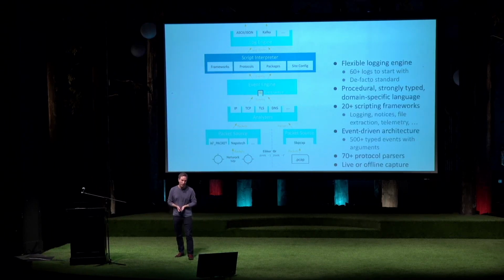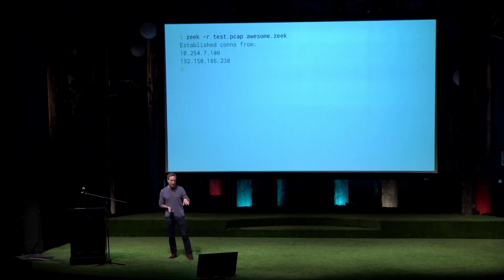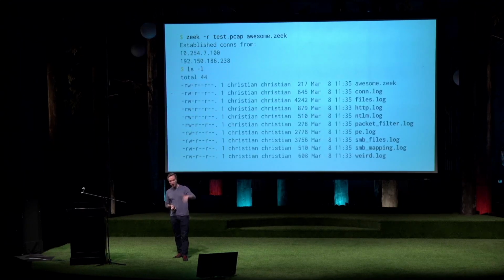So it's incredibly powerful. An aspect I wanted to flag is that I didn't show you how the logs actually come out. As part of this invocation that ran here, we didn't just get the output that we programmed into the script layer. This other stuff ran as well. I got this bunch of logs in my directory where I was running this, highlighted in bold there in the bottom right. This is all logs for the stuff that was in that little PCAP that I ran.